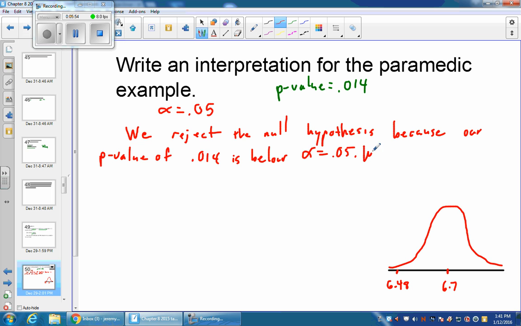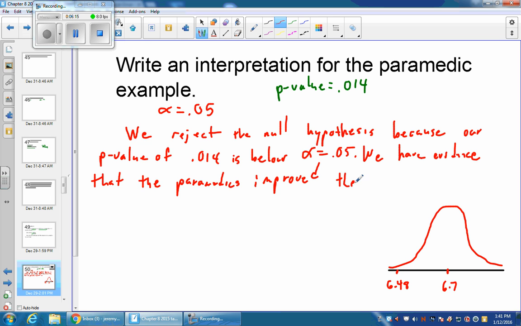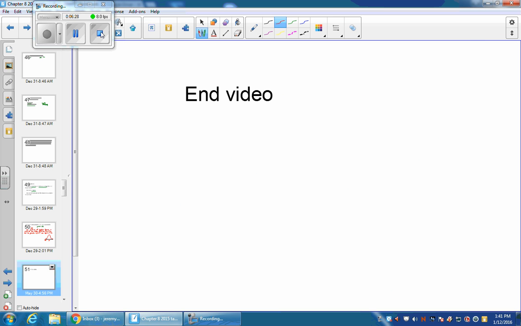So our last statement should be what we found here. So we have evidence that the paramedics improved their response time. All right, that's an interpretation. Hopefully that makes sense. Good luck.